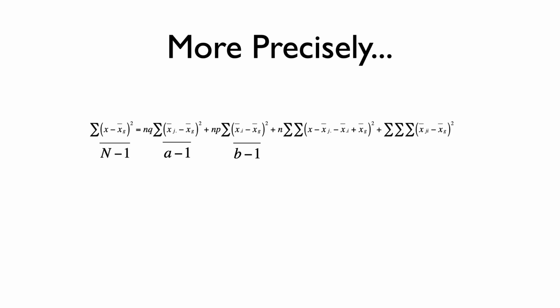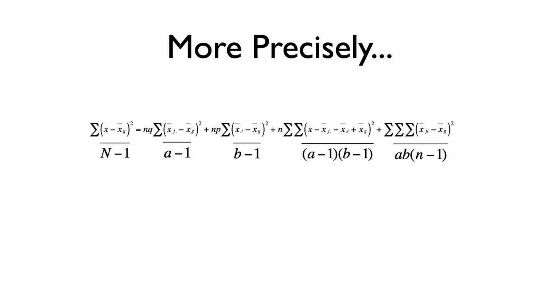If I have an 8 by 8, I can guarantee you that I have 49 degrees of freedom, because it's just A minus 1 times B minus 1, which is 7 times 7. That's the number of degrees of freedom you have for interaction.